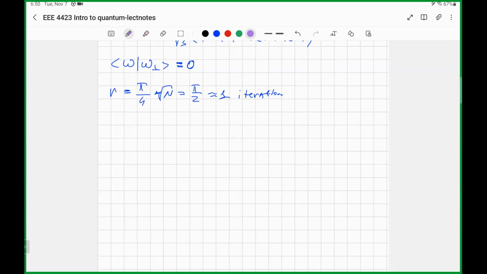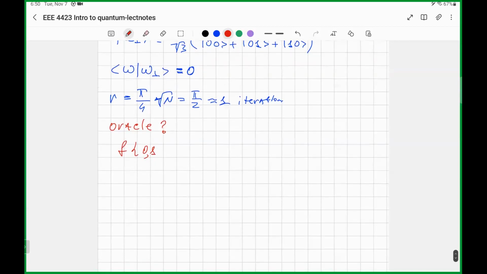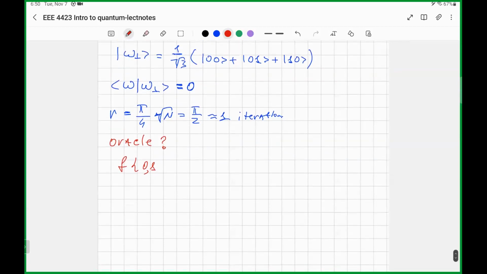And finally, what is the oracle? So what is the oracle in this case? The oracle is a function which takes zeros and ones, or the states 0 0, 0 1, 1 0, 1 1, as input.